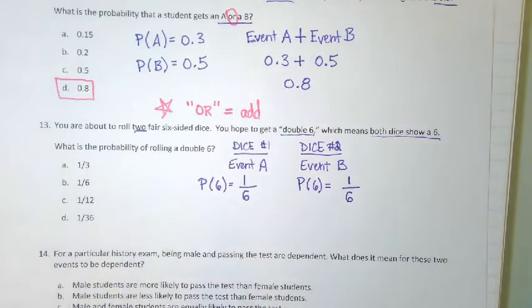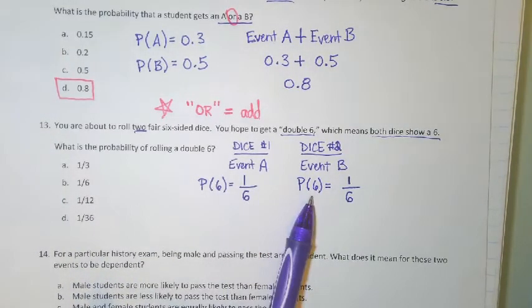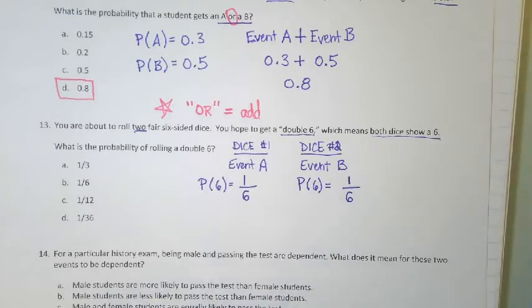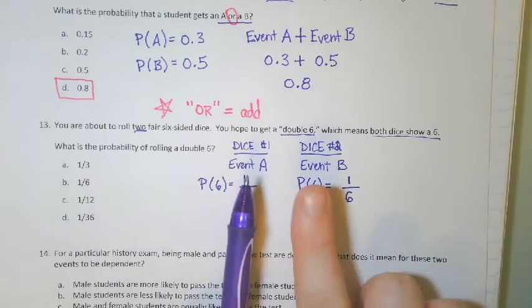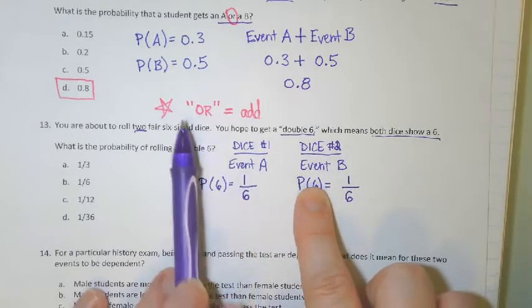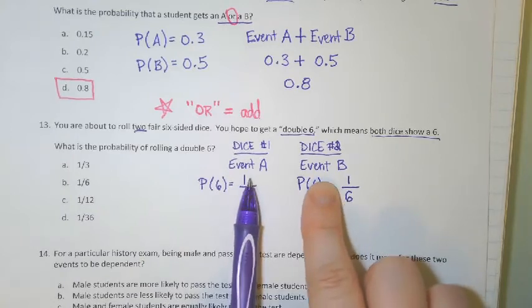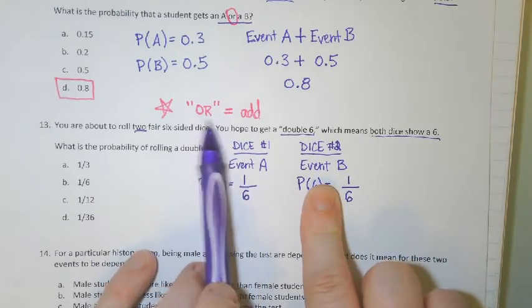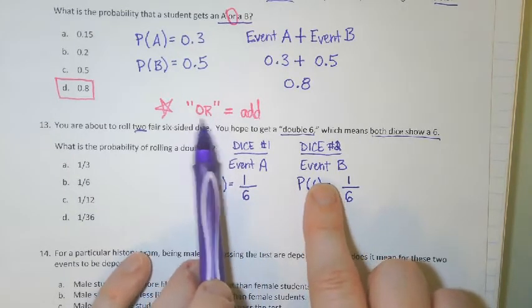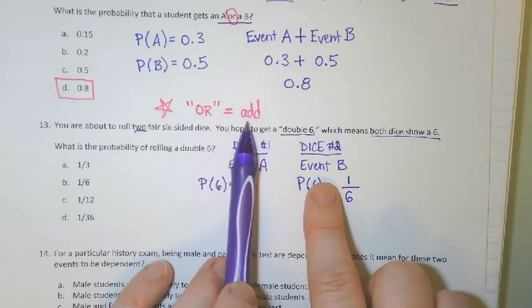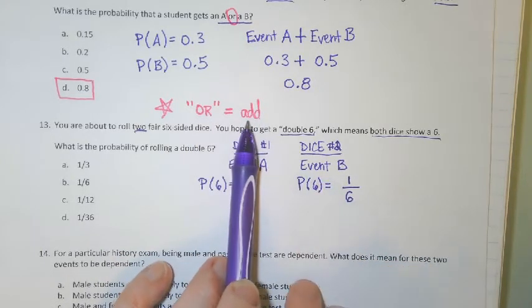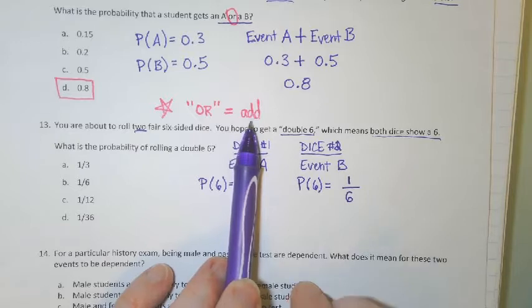So we have the individual probabilities, but now we want to put them together to determine the probability of both of those happening. So not one or the other, but both. Up above, when we saw the word or, that was a clue that we wanted to add the individual probabilities together.